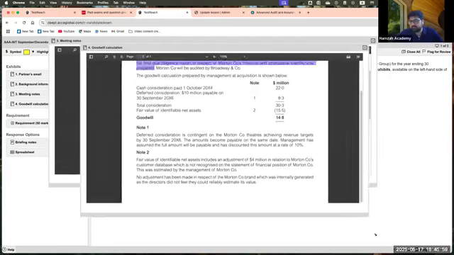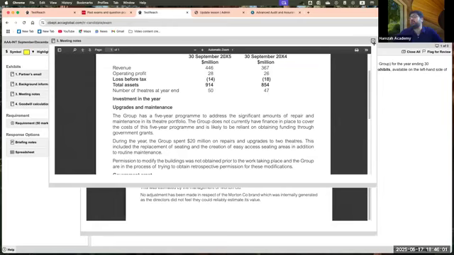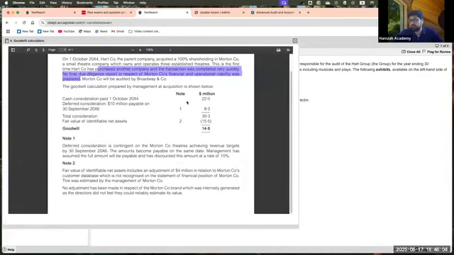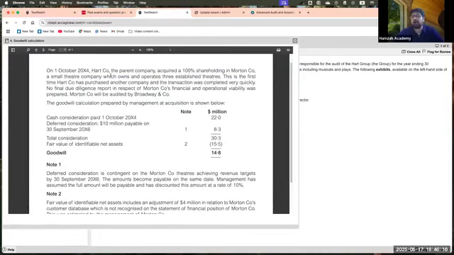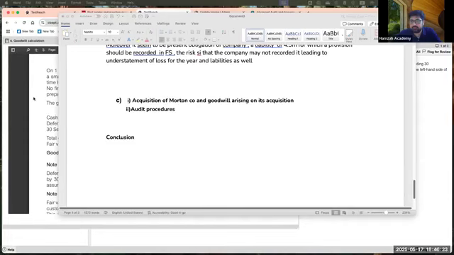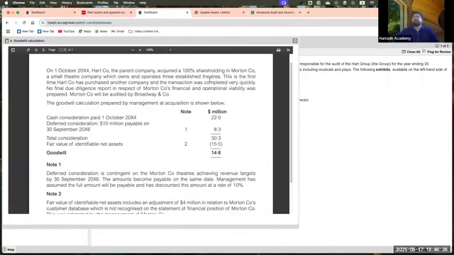Here is the information. Now, this type of question is becoming common. On 1st October, Hart Company, the parent company, acquired 100% shareholding in Morton Company, a small theater company which owns and operates 3 established theaters.